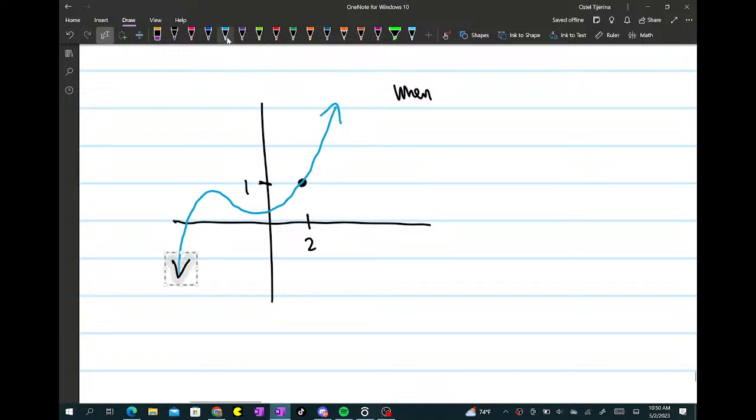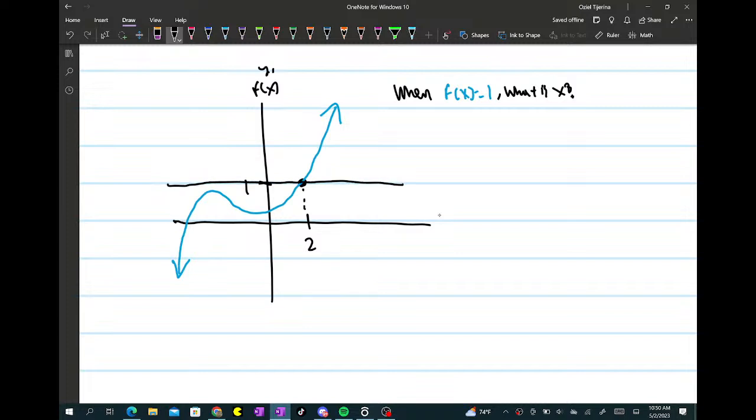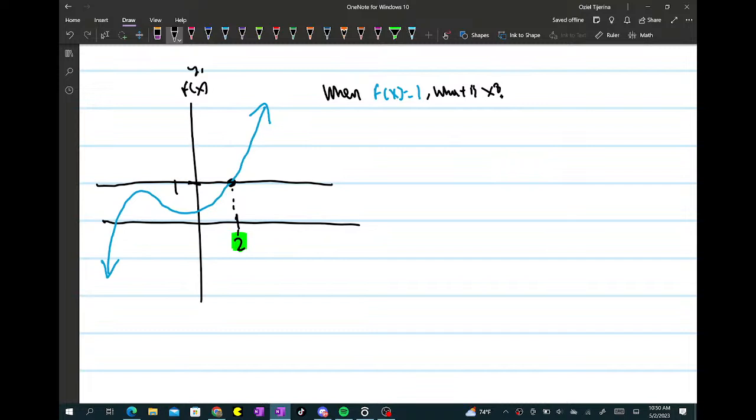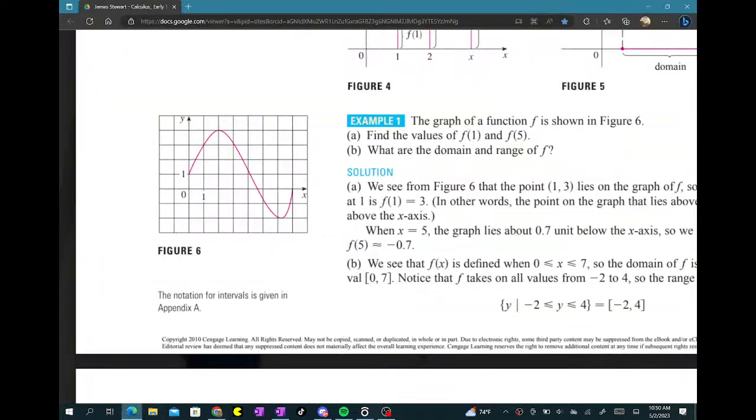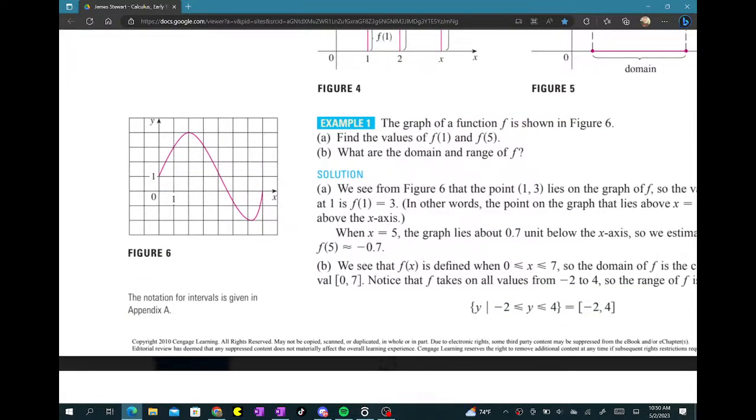So when f of x equals 1, what is x? Here's f of x, or y, right? Y is really f of x. It's the y-axis. So when y is equal to 1, let's make a line here. Where does it intersect? At what x value? Well, right here, it's 2. So when f of x equals 1, x is equal to 2. And that is how you would read the graph, right? Okay.